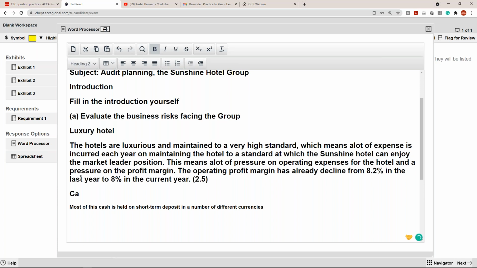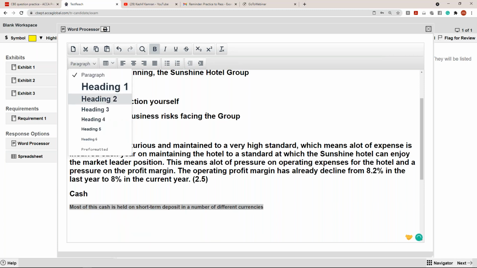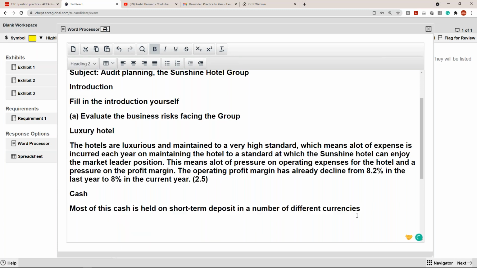And under the heading, I write my answer. Most of the cash is held on a short-term deposit in a number of different currencies. This exposes the hotel group to foreign exchange volatility.